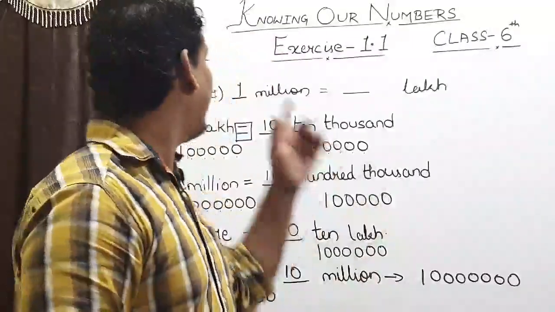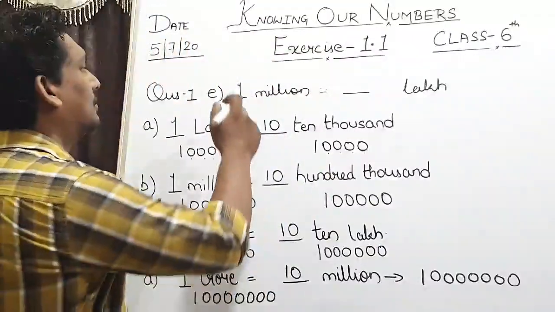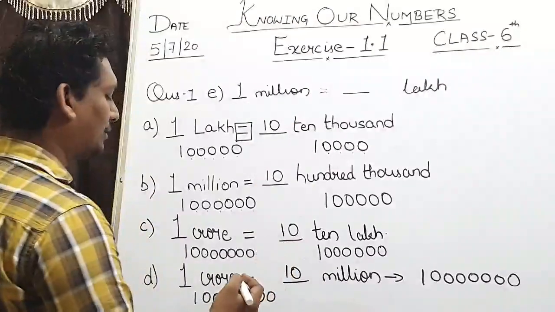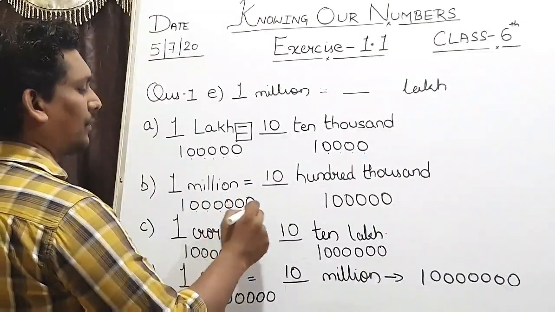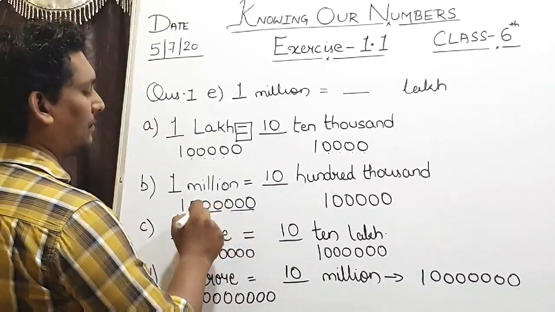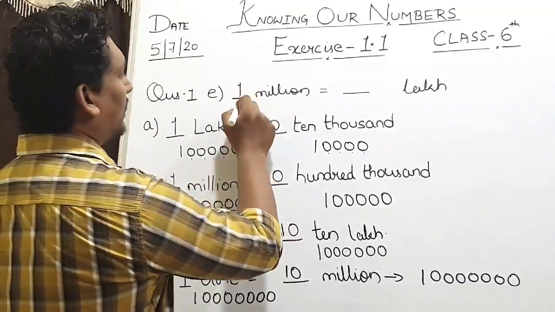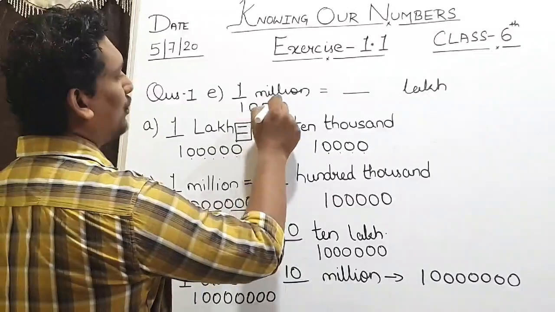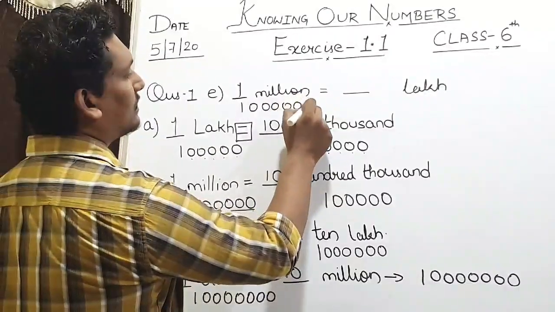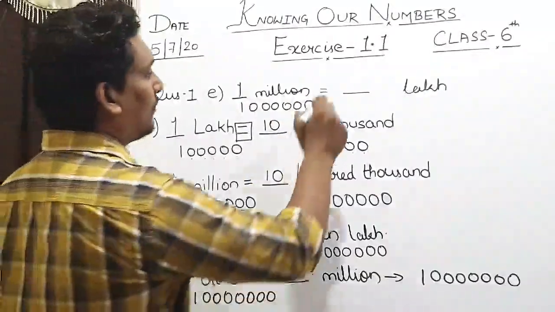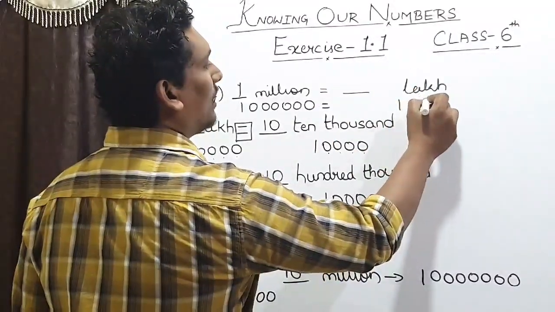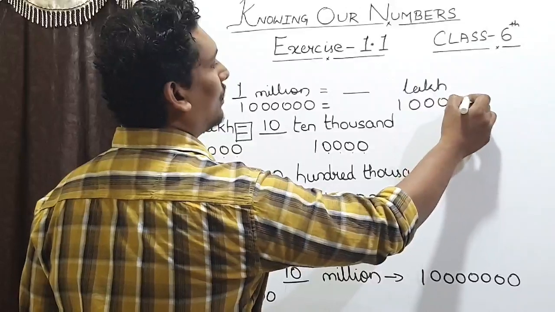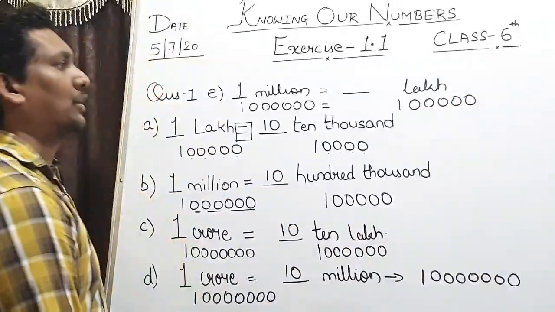Okay. Same way the next also. So now question number E. So here 1 million. How many zeros are in 1 million? We have already done here. So here 1, 2, 3, 4, 5, 6. Right? We have to make it equal. And in lakhs, how many zeros are here? 1, 2, 3, 4, 5.